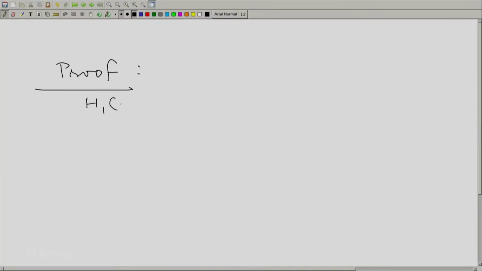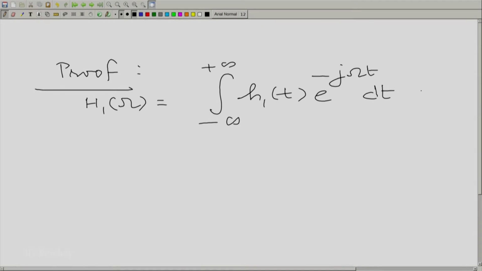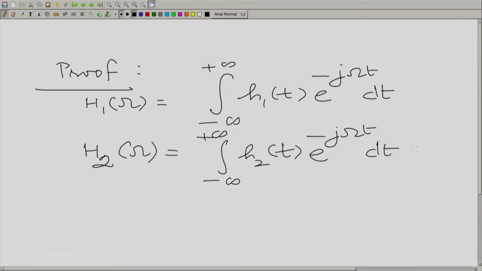Of course, H1(omega) is equal to the integral from minus to plus infinity h1(t) e raised to the power minus j omega t dt, and that is also true of H2. Now, we multiply the first equation by alpha and the second one by beta and add these, and that gives us the property.